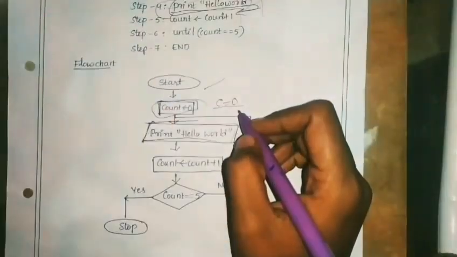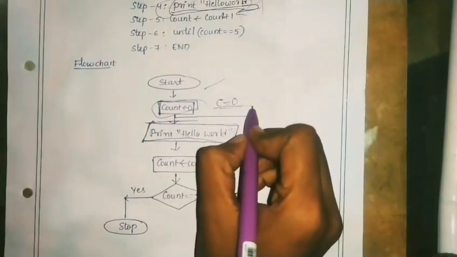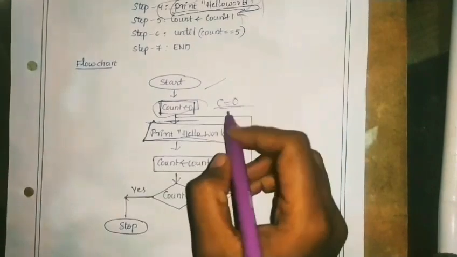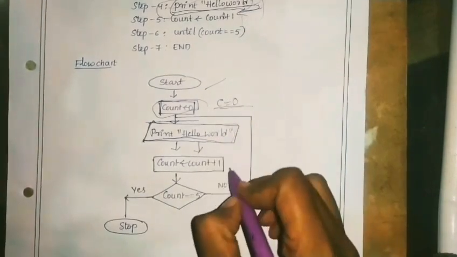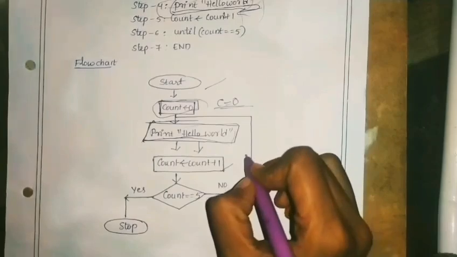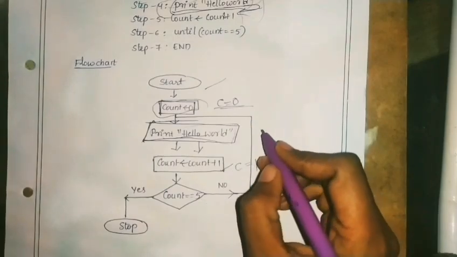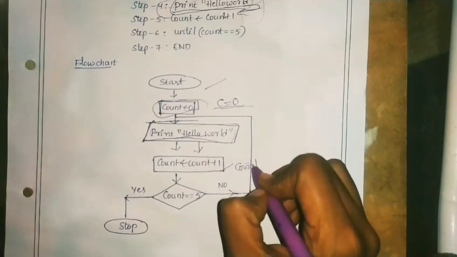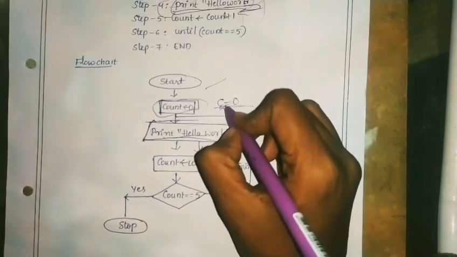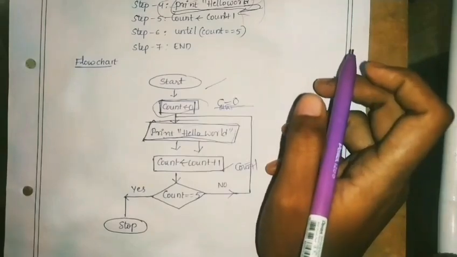Let's understand the flow control. First, c equals 0, then print hello world. Then we increment the count variable to 1, so here c equals 1. I represent count as c, so don't get confused.